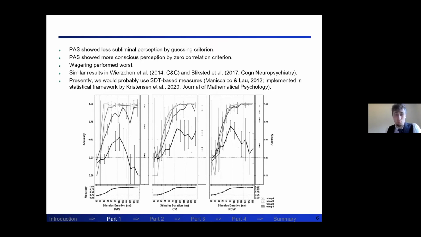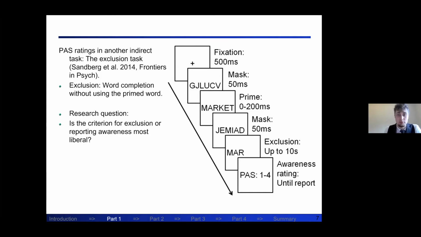So that was one type of objective measure, wagering, that we compared to subjective measures, but there are others. And in 2014, we compared the perceptual awareness scale to one such measure, and this is the exclusion task. So the task itself is quite clever, I think.